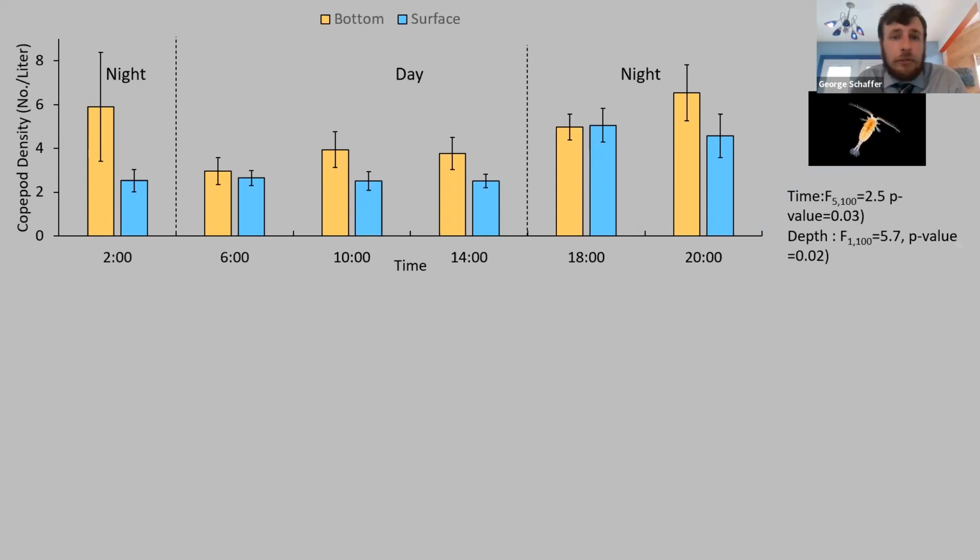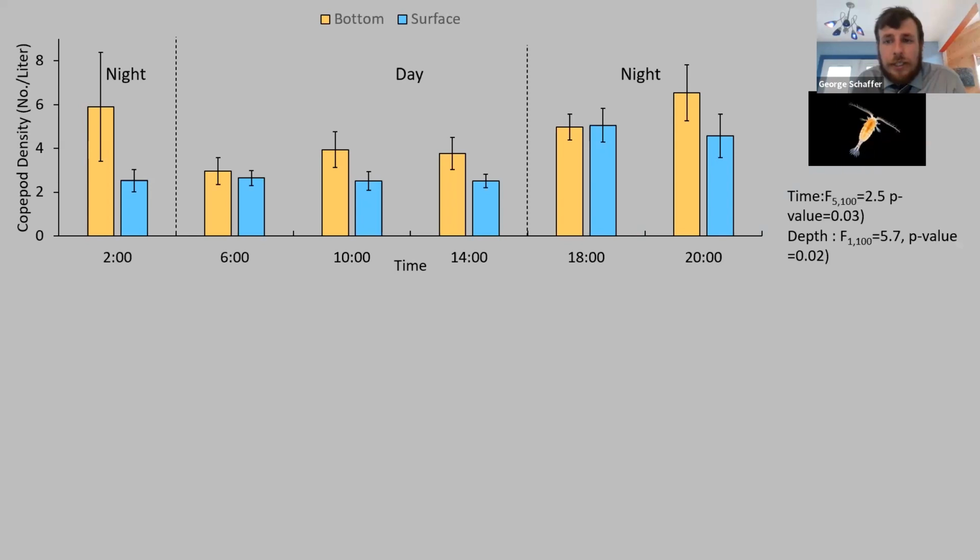But in off-channel copepods, what we see is density on the y-axis in numbers per liter, with time on the x-axis, with the yellow bars representing the copepod density at the bottom, whereas the blue bars represent the copepod density at the surface, with the error bars being standard error.